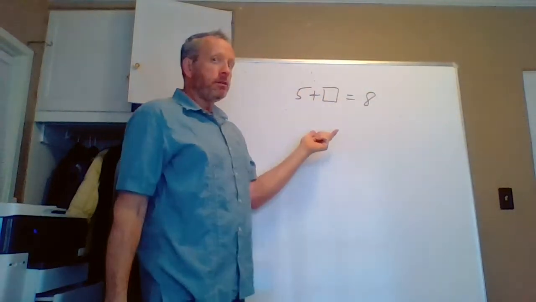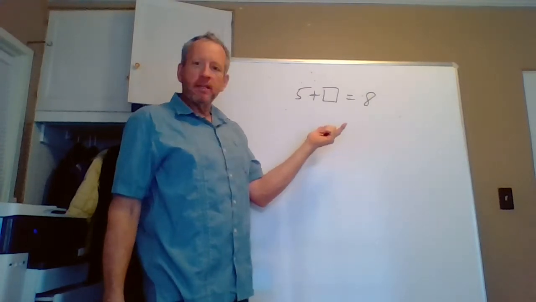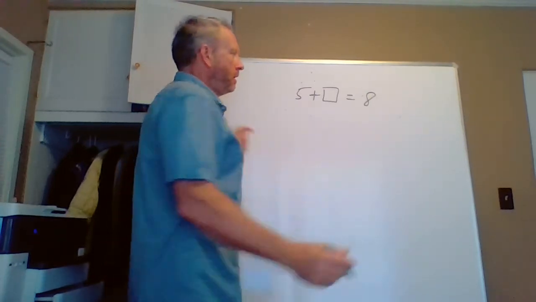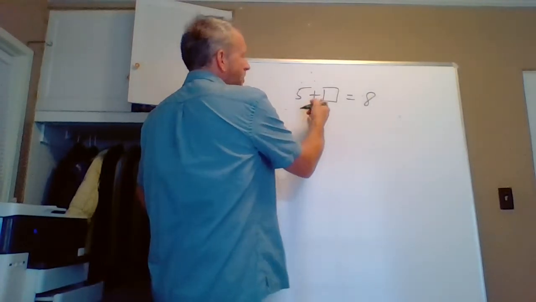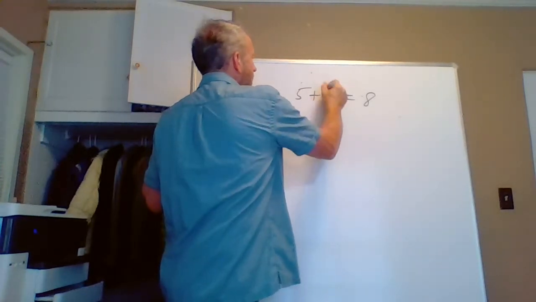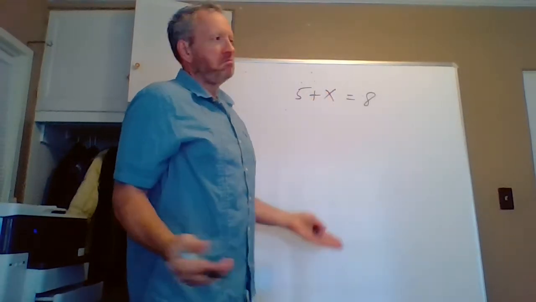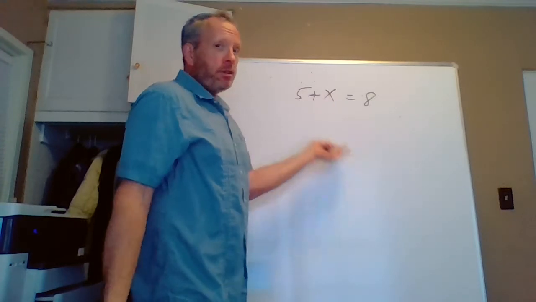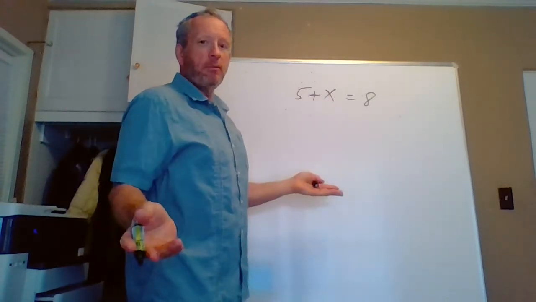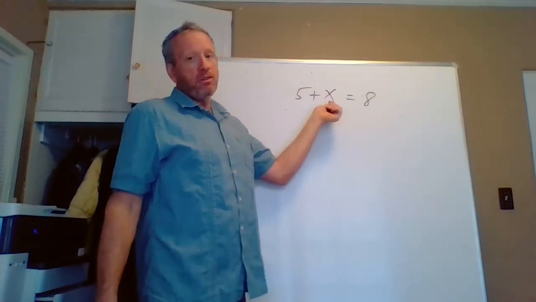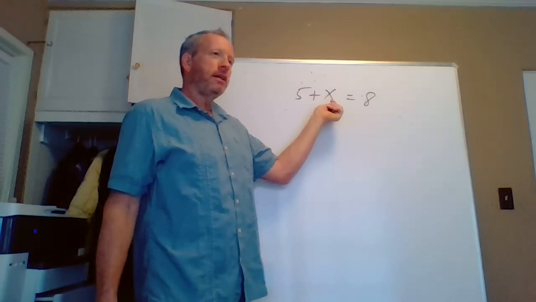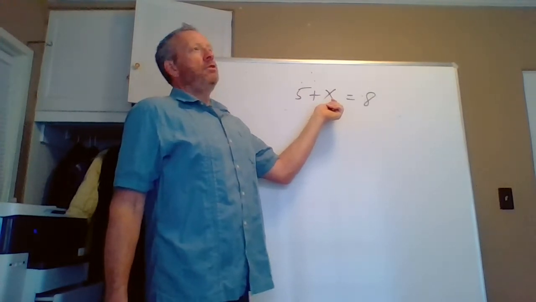Probably did something like that when you were in first grade, second grade, third grade. That's algebra. On the other hand, nobody likes empty boxes, right? So we'll use an X. I guess if you don't like the X's, you can use an empty box, but it seems a lot more difficult to draw. You don't like an X, use a Y. Don't like a Y, use an A. Don't like an A, use a B. Use a Greek letter.